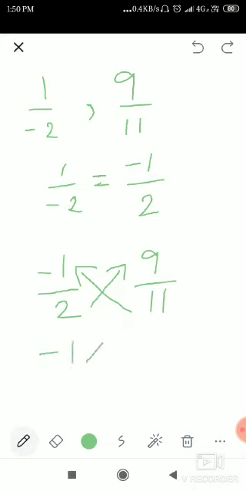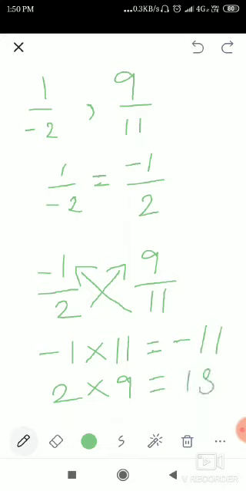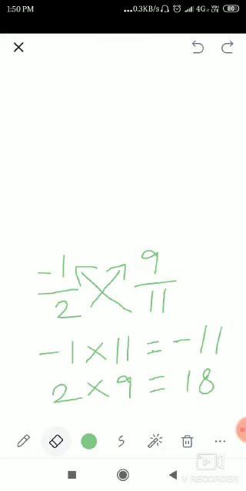Minus 1 into 11 is minus 11, and 2 into 9 is 18. So we get minus 11 and 18.